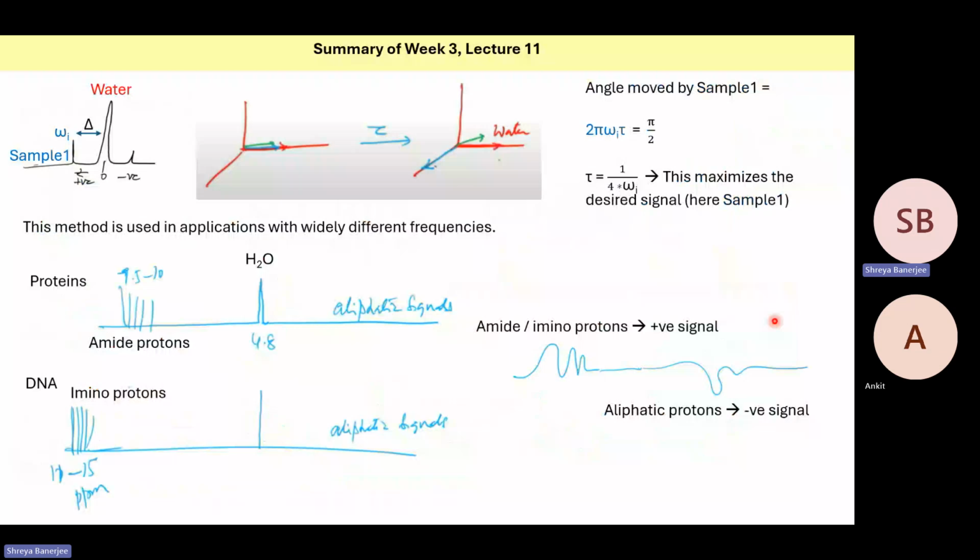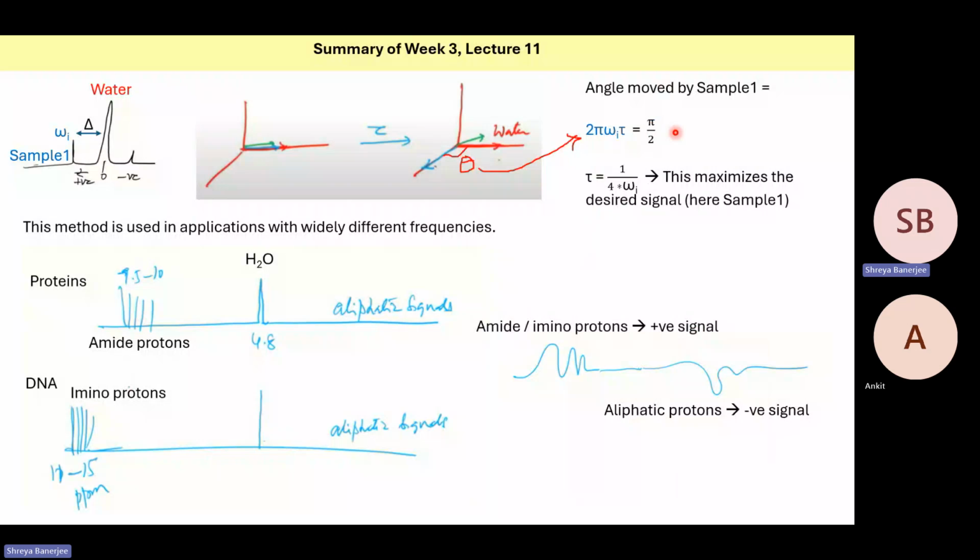If the angular frequency is omega, then 2 pi omega t is the angle traveled. If we consider this angle as theta, this theta is 2 pi omega t, where omega is the angular frequency. Now, if this angle is 90 degrees, then the signal will be maximum because your detector is along this x-axis.